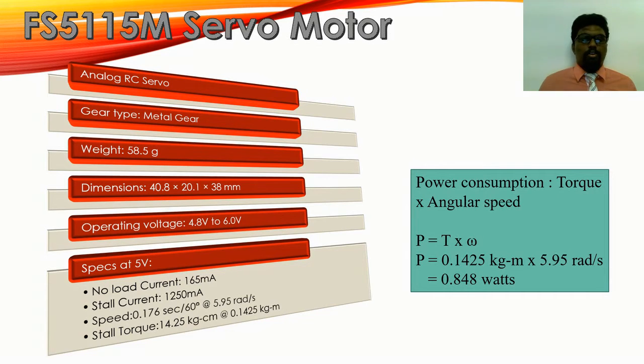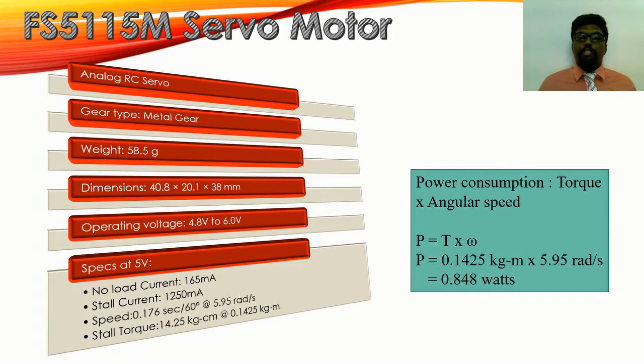The no load current is 165 milliampere. The stall current is 1250 milliampere. The speed is 0.176 second per 60 degree, that is equal to 5.95 radian per second. The stall torque is 14.25 kg centimeter, that is 0.1425 kg meter.